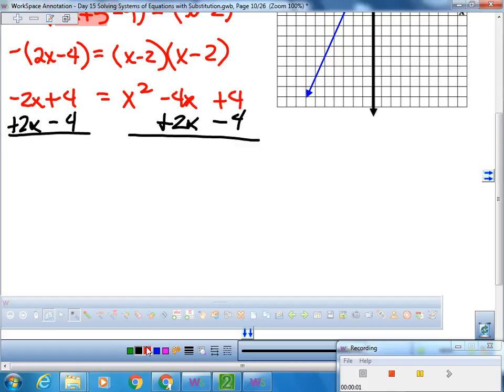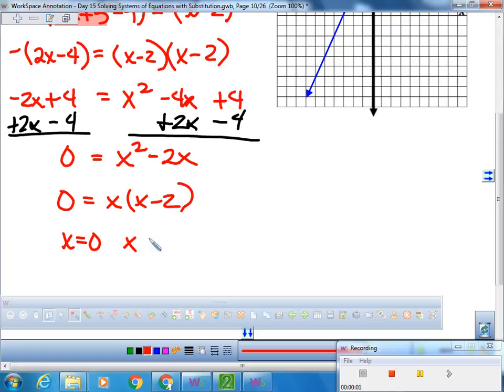That's going to give me, I shouldn't have skipped steps. I'm sorry, Michelle. Negative 4x plus 2x is negative 2x, and this is just 0. So then I just have to factor x times x minus 2. So x equals 0, and x equals 2.